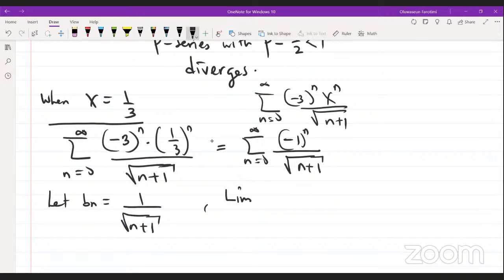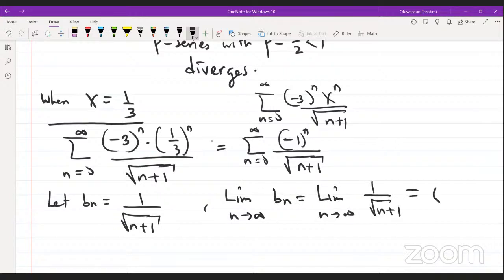The limit as n goes large of this b_n is zero. Remember, the alternating series test has two conditions: b_n must be decreasing and the limit of b_n has to be 0.